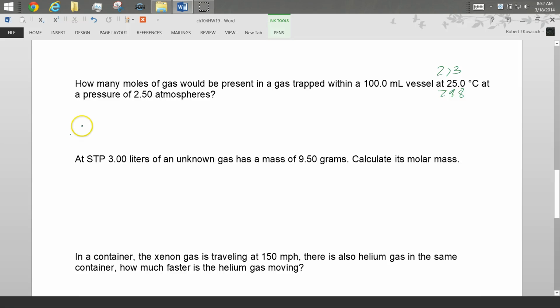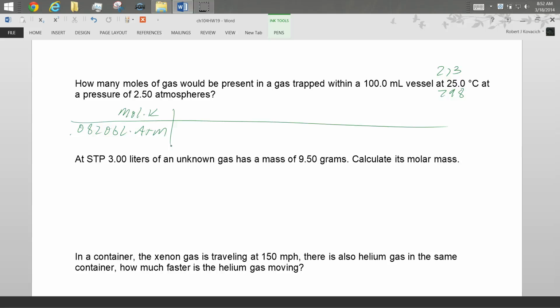So then I'm going to put 0.08206 liter atmospheres per mole Kelvin into my calculation like this. So why did I put the number in the denominator? I'm looking for moles and I want the mole unit to be in the numerator, so it's in the numerator. And so now I just need to cancel everything else out.